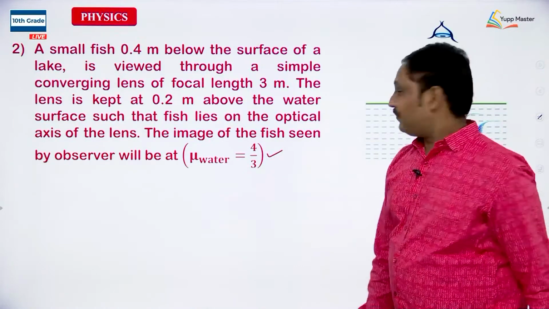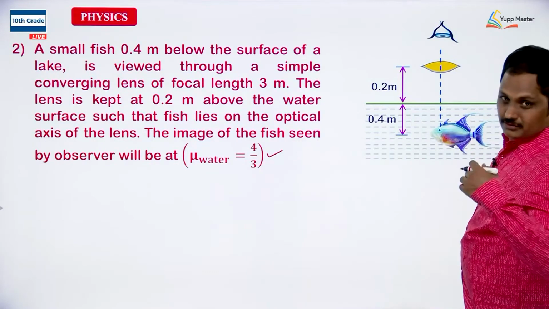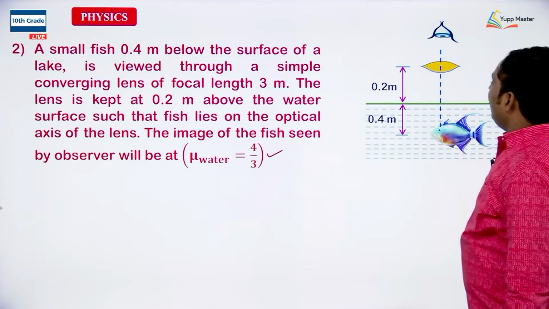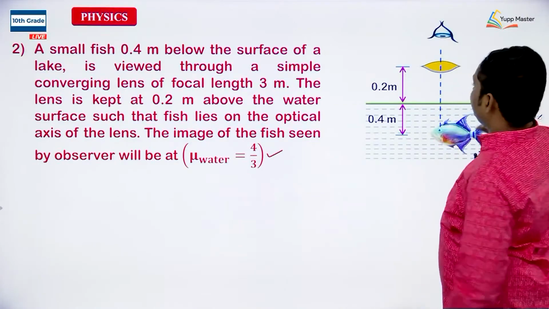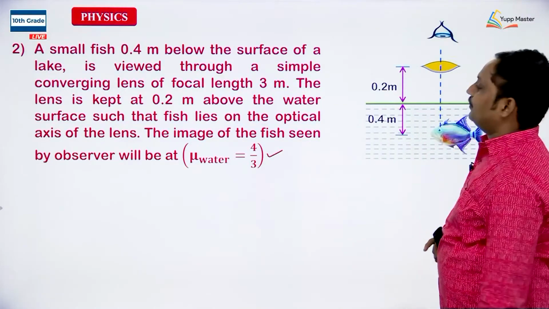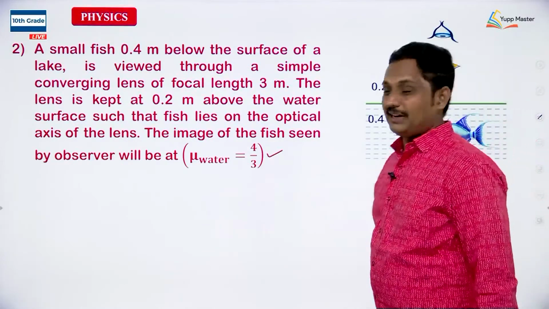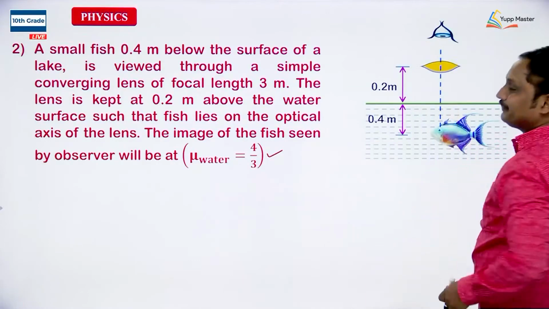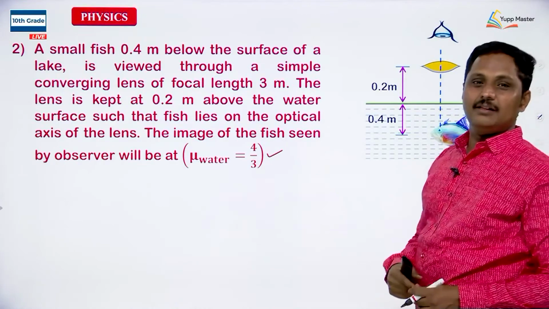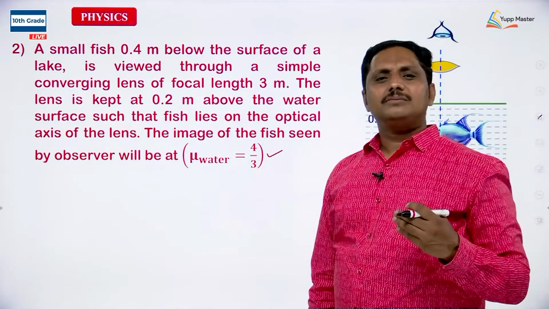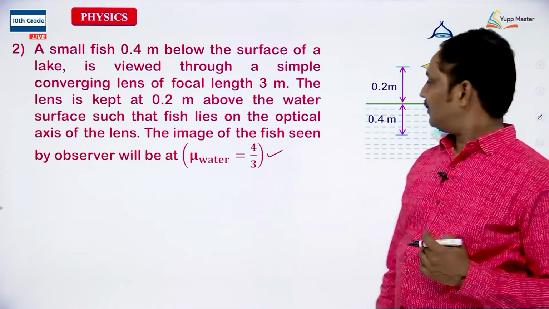So, a small fish is at 0.4 meter below the water surface, and the lens has been placed above the water surface, that is 0.2 meter. The fish lies on the optical axis of the lens, this is the optical axis, very clear.